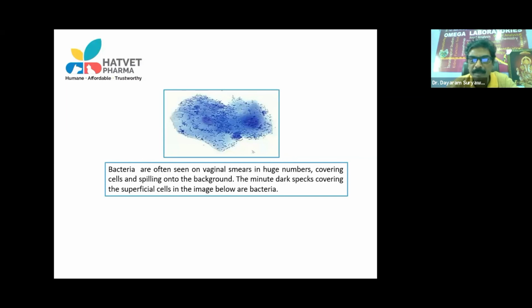Sometimes we get such cells with more bacteria than the cornified epithelial cells, and the dead cells or squamous cells are present like this in the vaginal smear.